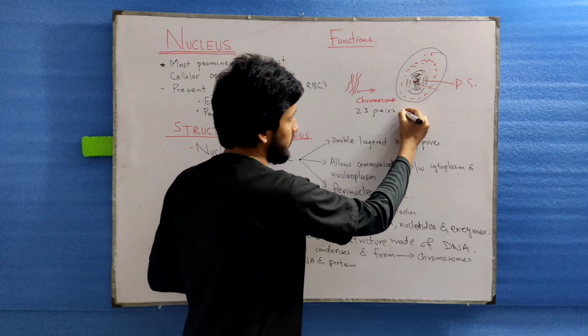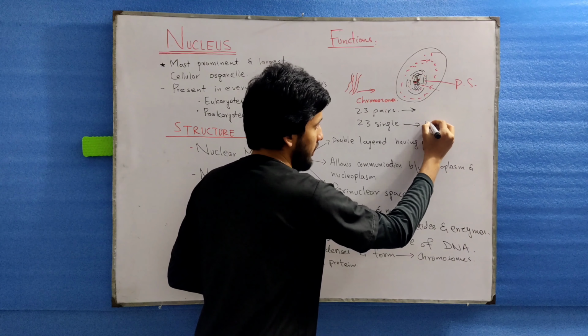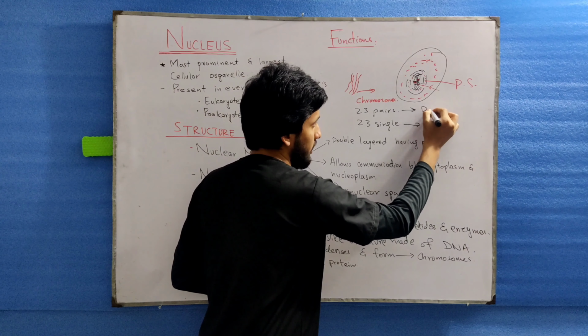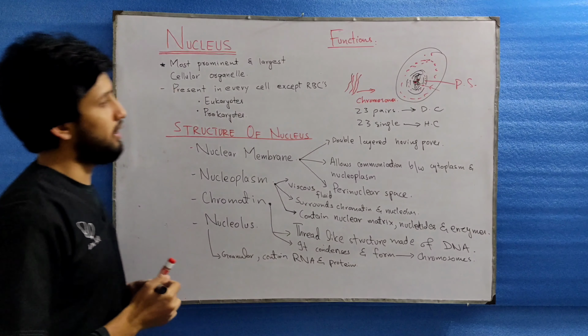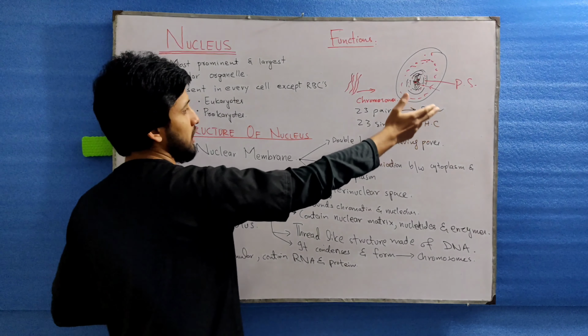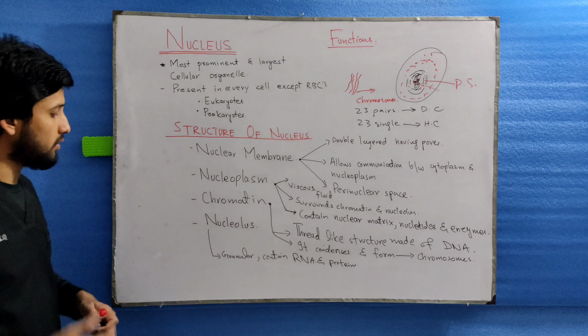They contain not pairs but single chromosomes, 23 single chromosomes, and these are called haploid cells. These are haploid and these are diploid cells.